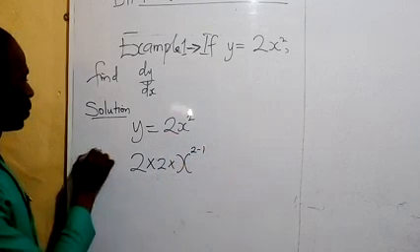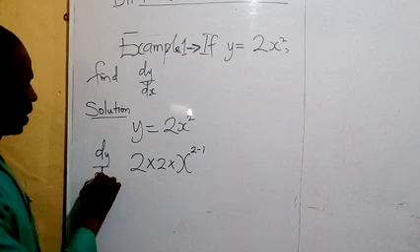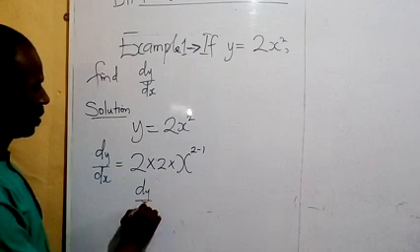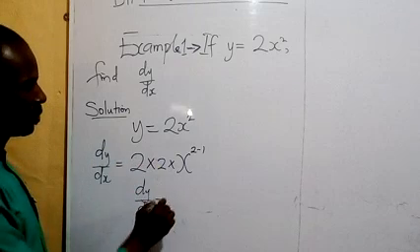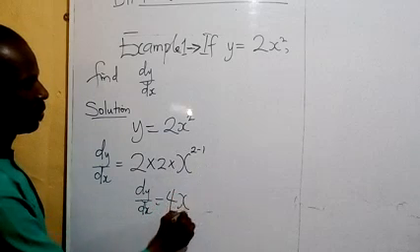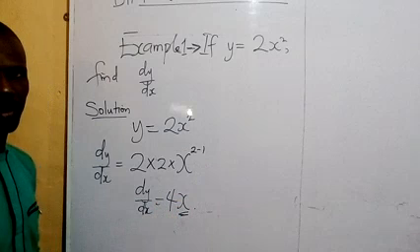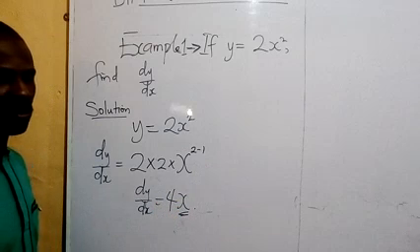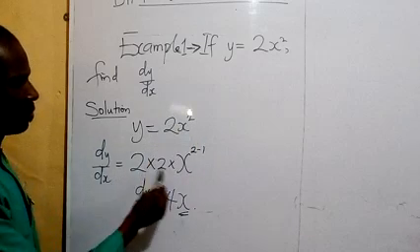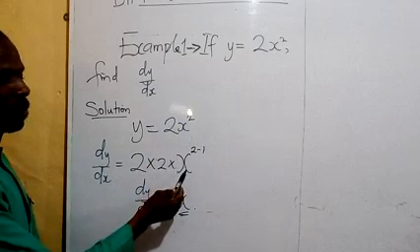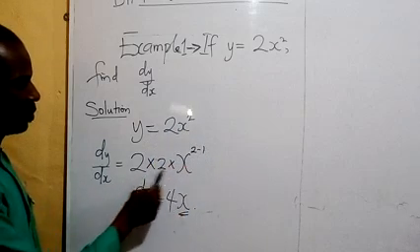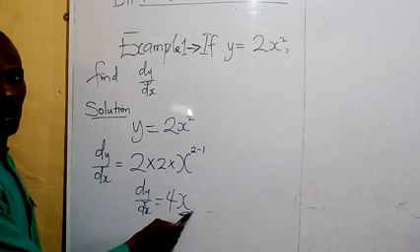So dy/dx will be 2 multiplied by 2, which gives 4x raised to power 1. It is very, very simple: 2 multiplied by 2 multiplied by x raised to power 2 minus 1.